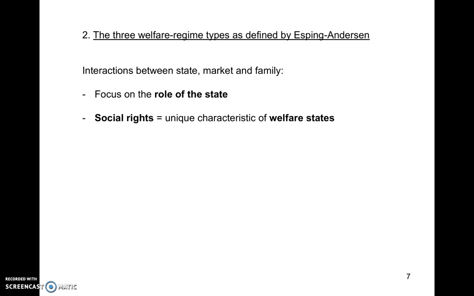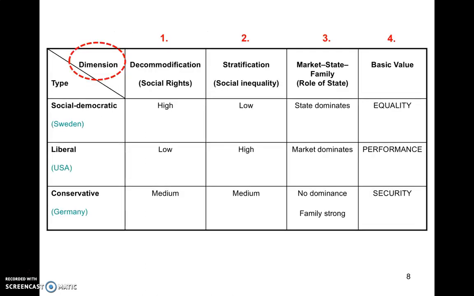Esping-Andersen identifies three welfare regime types, based on three dimensions which focus on the character of social rights. The first dimension is decommodification. It stands for the extent to which the state guarantees social rights independent from an individual's position on the market.